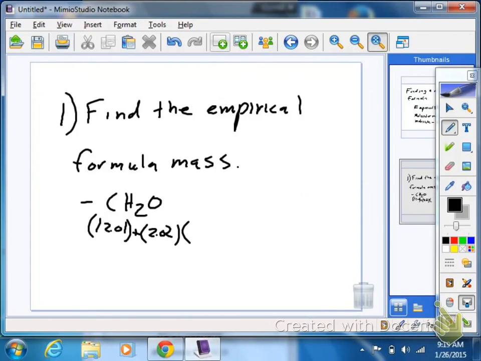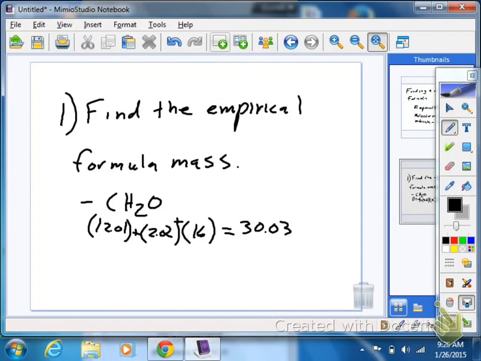And oxygen is 16. I just set it up that way. It doesn't really matter. When we add everything up, we get 16 and 2 is 18, and 12 is 30. So we get an answer of 30.03. That's empirical mass.